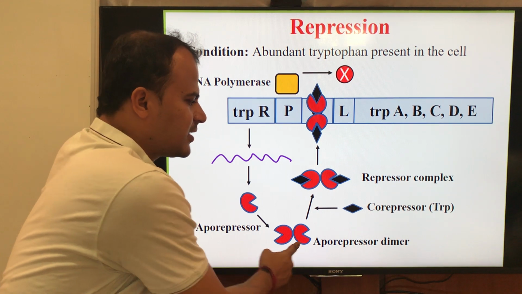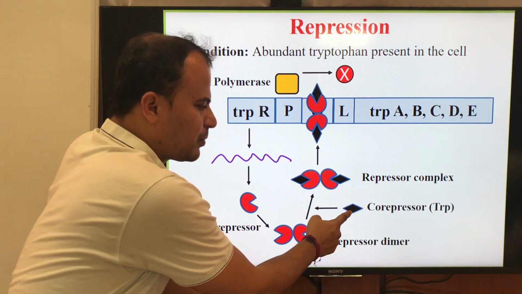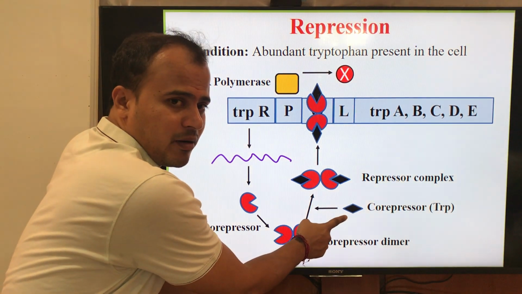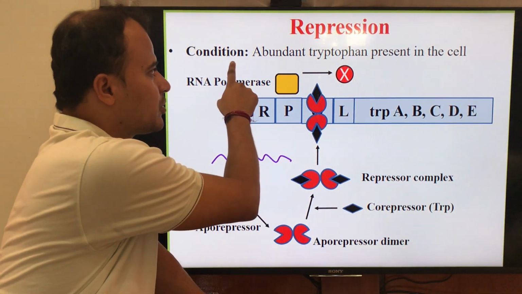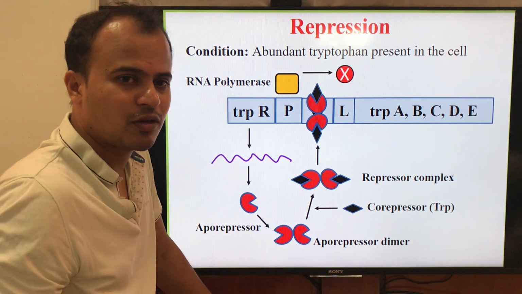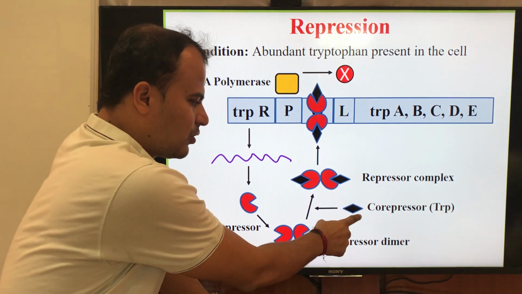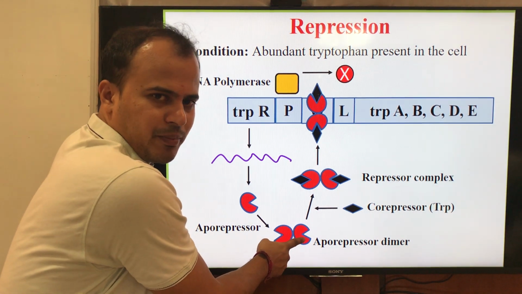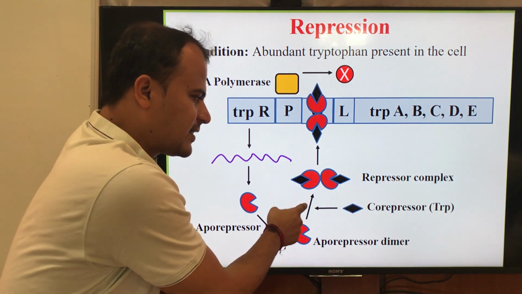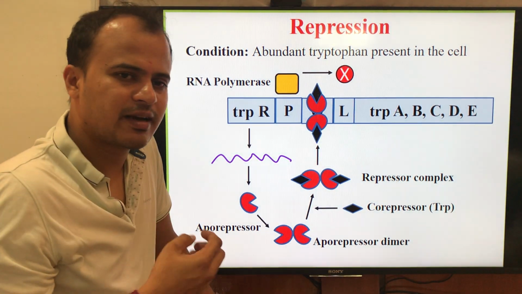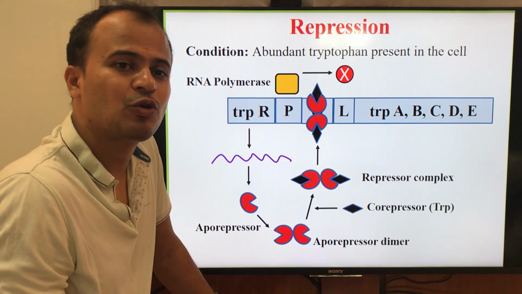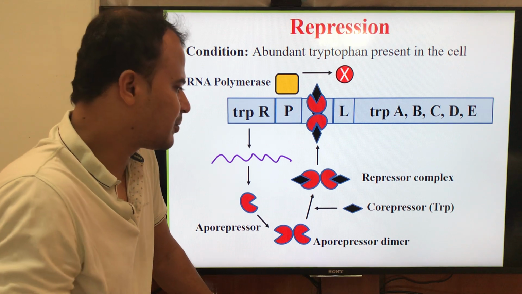Once after the dimerization, there is a binding of tryptophan to the aporepressor protein. Please remember, we are discussing the condition where there is an abundant amount of tryptophan in the cell. So tryptophan is easily available, so it binds to the aporepressor protein. As I said, the aporepressor dimer undergoes activation after association with the corepressor, that is, tryptophan.